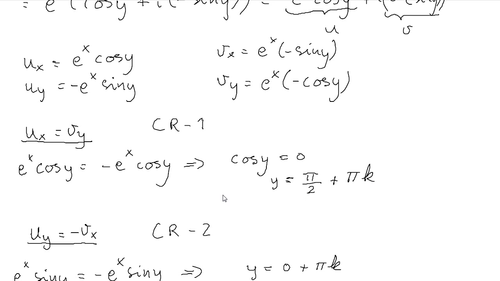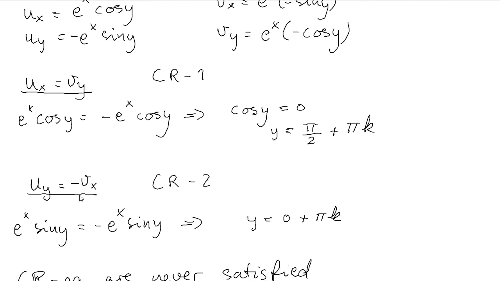Okay, that's the first Cauchy-Riemann equation. It can be fulfilled if this is satisfied. Let's see what's happening if we assume the second Cauchy-Riemann equation.